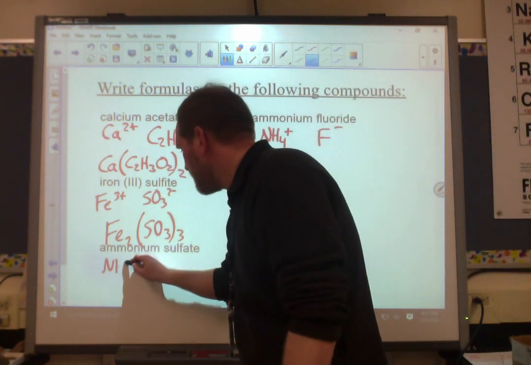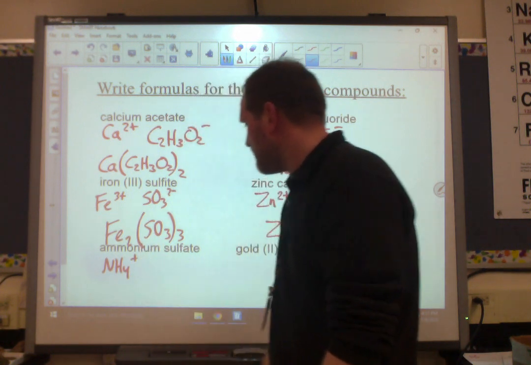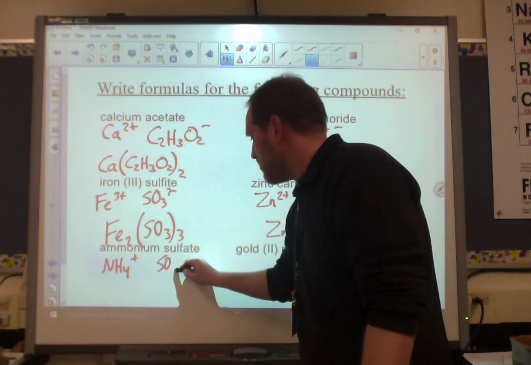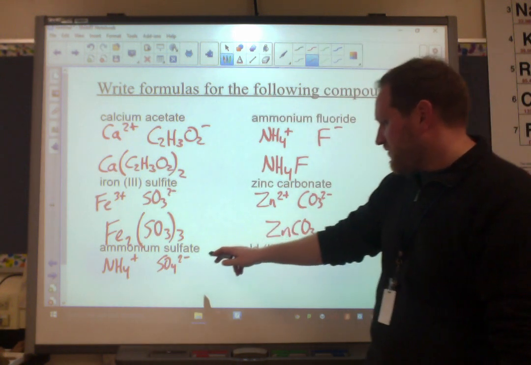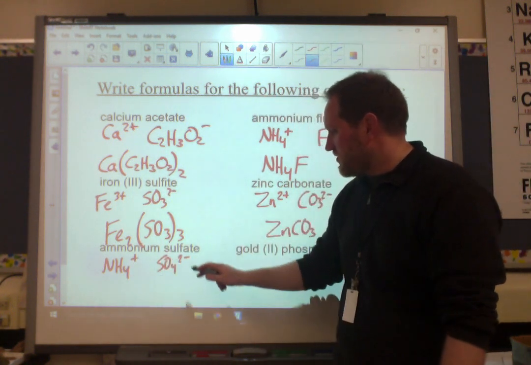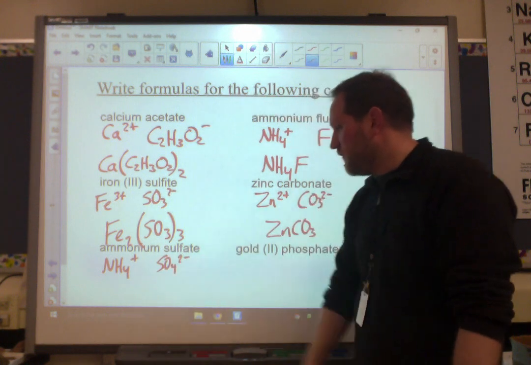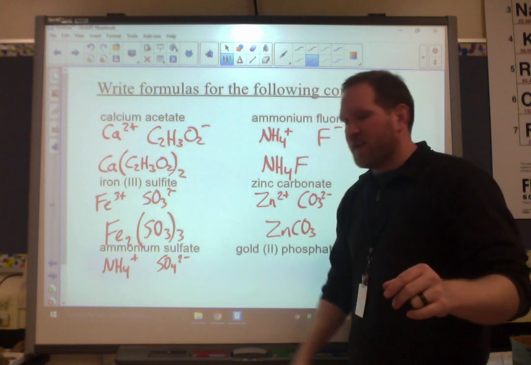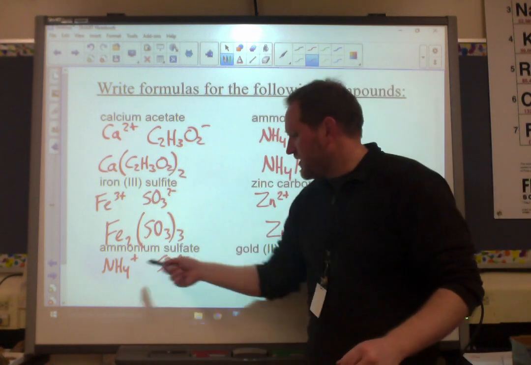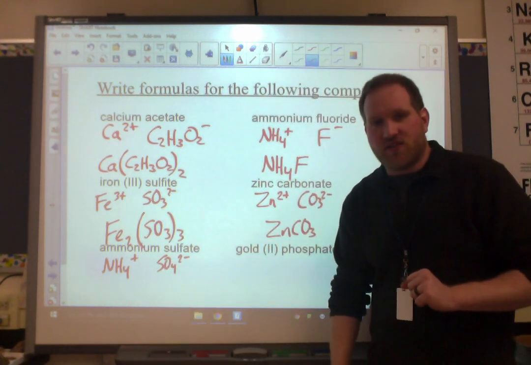Ammonium sulfate. So ammonium is NH4 with a charge of plus. Sulfate is SO4 with a charge of 2-. So notice we're going to have 2 ammoniums, because the 2 carries, and 1 sulfate. And that makes sense. Ammonium is plus, sulfate is 2-. You're going to need 2 of these and 1 of these. Will we use parentheses?